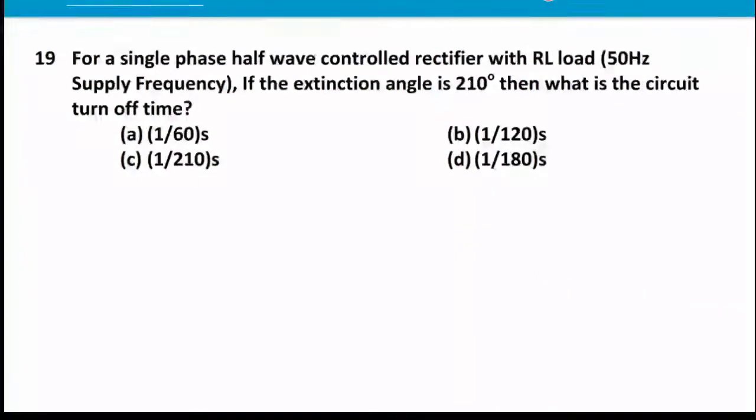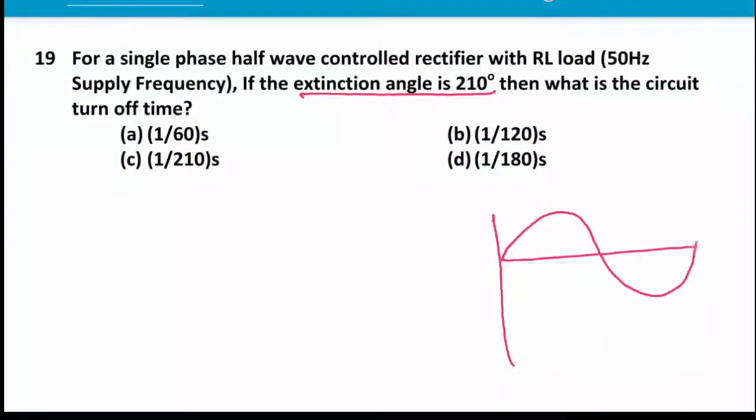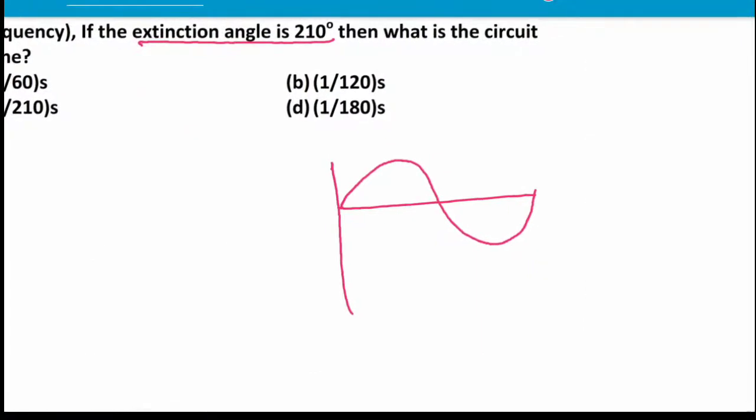Next question: for a single phase half controlled rectifier with RL load, 50 Hz supply frequency, if the extinction angle is 210, then what is the circuit turn off time? So what is the extinction angle? Suppose this is the input voltage, and the output voltage will depend upon the phase control.